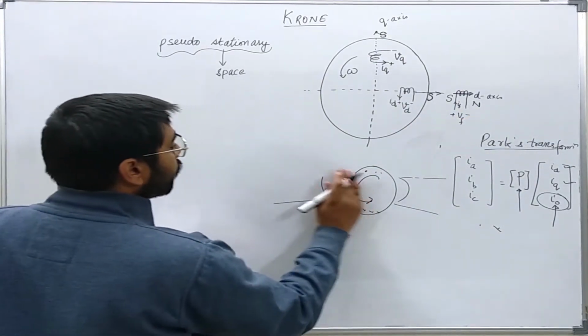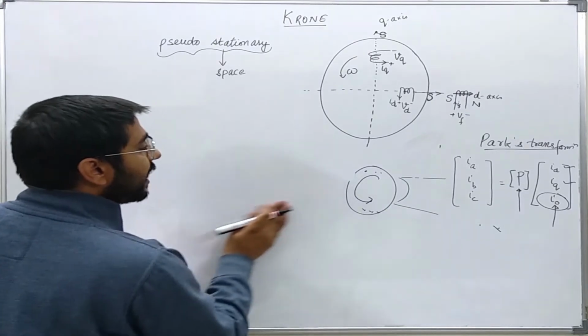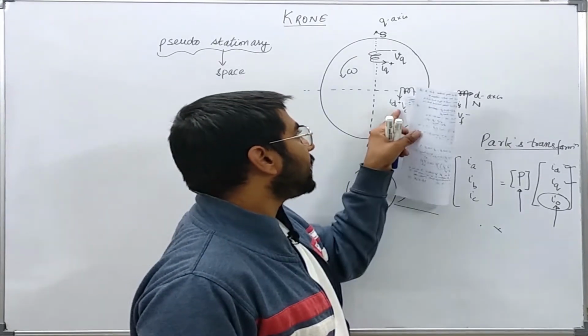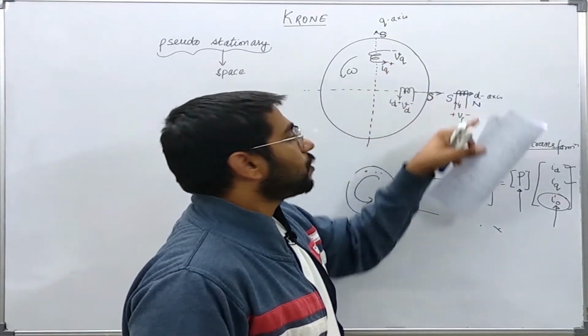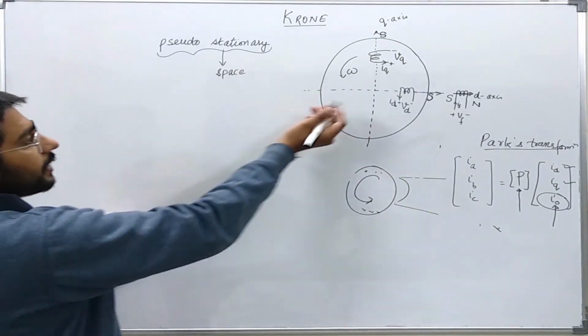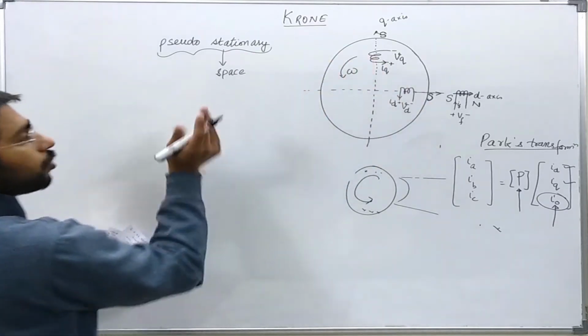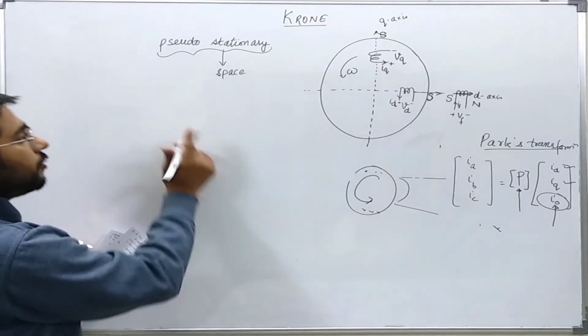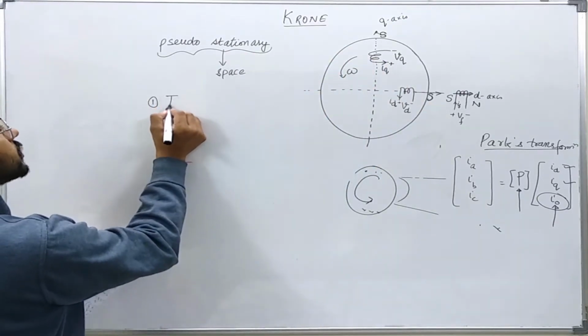Now I will try to write the equations of the voltage in various coils. Before that, we should know that in a rotating machine there are two kinds of voltages which are induced. First one is the transformer voltage.